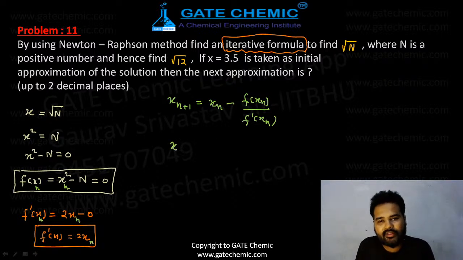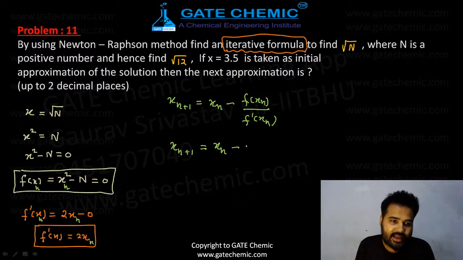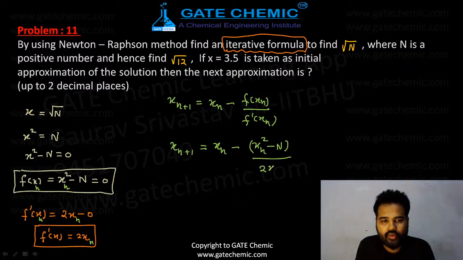Now put in this formula. So xn plus 1 equals xn minus fxn, which is xn square minus n, upon 2xn. Now take LCM.